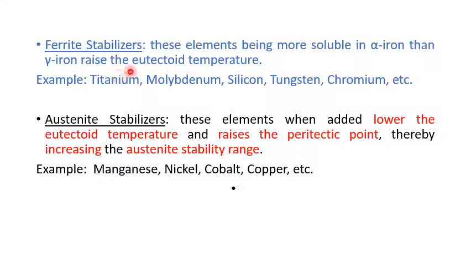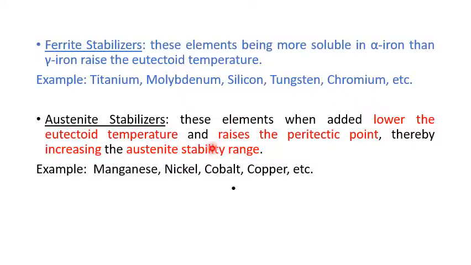In a normal condition, the ferrite is there below 727. If we add these elements, the ferrite can exist in a stable form above 727 degrees Celsius also. So what are those elements? Titanium, molybdenum, silicon, tungsten and chromium.